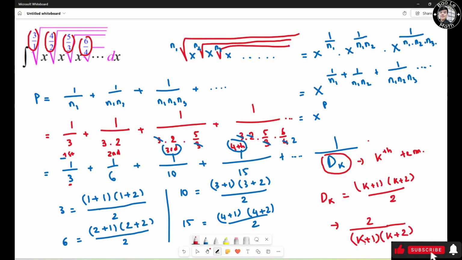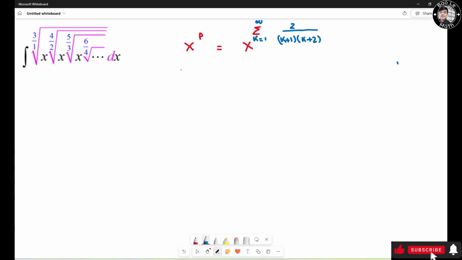Now I need to find the sum of this series with the general term when k goes from 1 to infinity. Now s to the p becomes s to the sum of 2 over k plus 1 times k plus 2 when k goes from 1 to infinity. Now I need to calculate this, so I put this on the side.